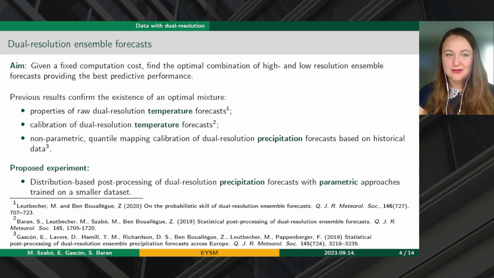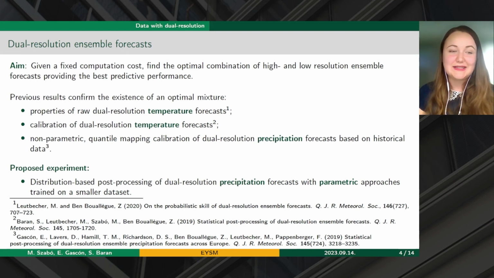And there's also another route, which was about precipitation forecasts. So it's also with dual resolution, with the same kind of combinations, but there were some results obtained by the third member of our authors list that I just showed on the first slide.